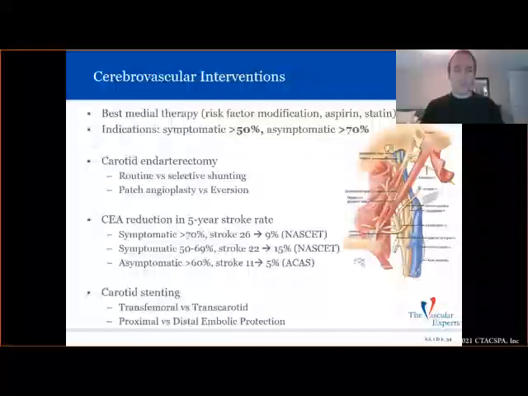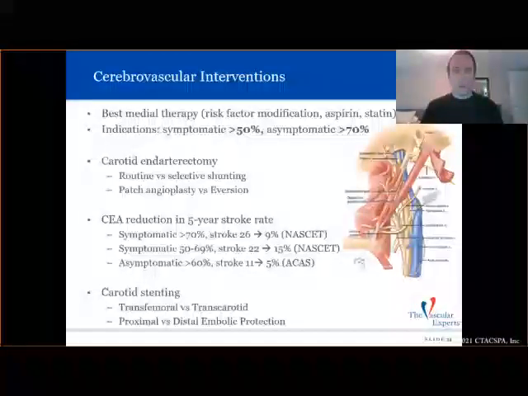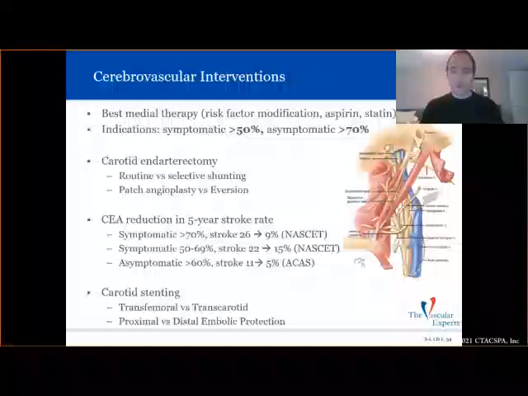The way to think about selective shunting, they might ask you how you're going to decide to shunt someone. You have to use a well-established criteria to decide it. Either you shunt everyone, which is routine shunting, or you decide in the operating room if you're going to shunt them.